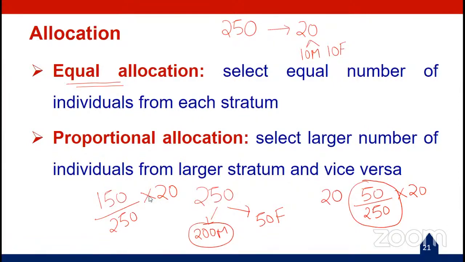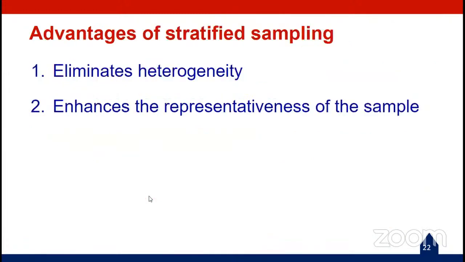Equal allocation means we are selecting an equal number of individuals from each stratum, whereas proportional allocation means the larger the stratum, select more individuals from that particular stratum. So the advantages of stratified sampling are that it will enhance the representativeness of the sample.